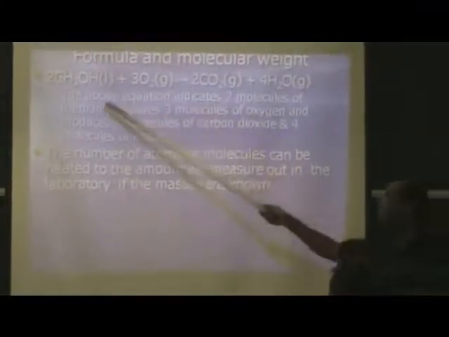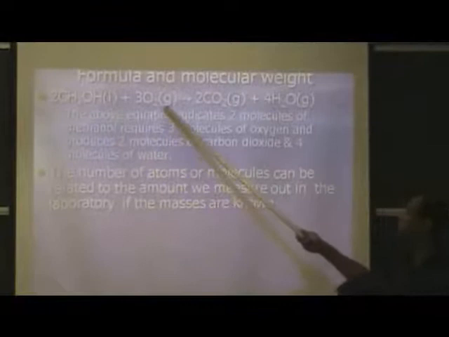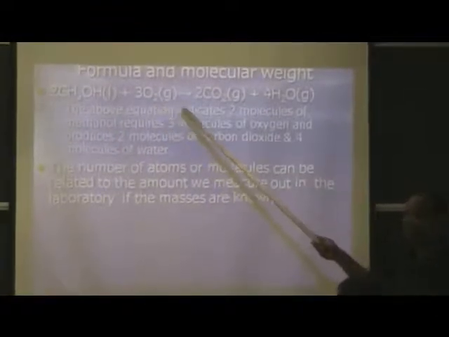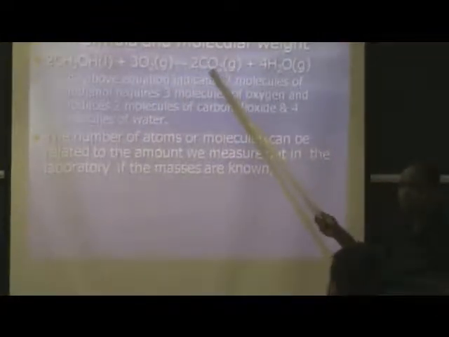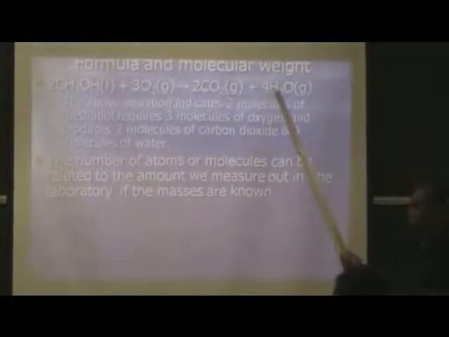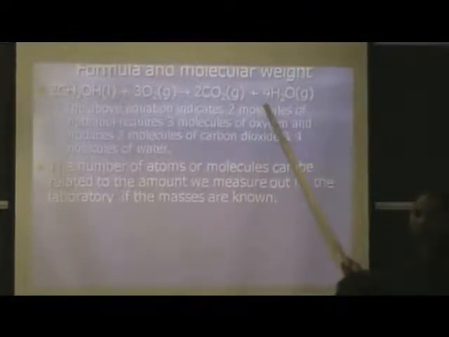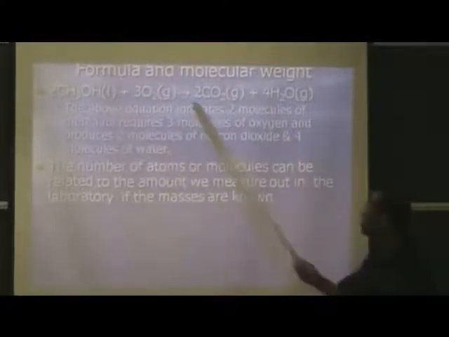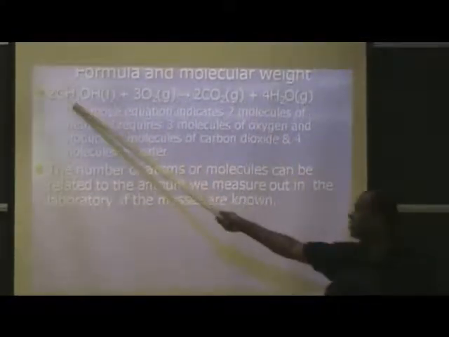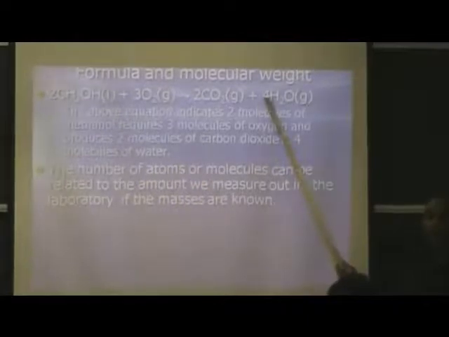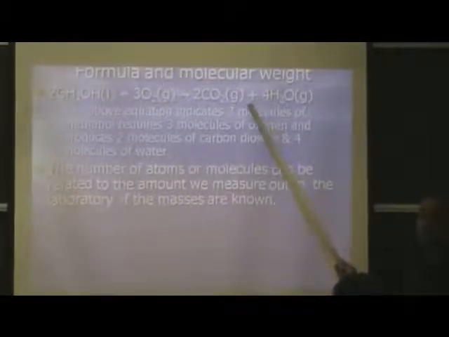So every two molecules of methanol react with three molecules of oxygen. That guarantees me two molecules of carbon dioxide and four molecules of water. That's the essence of balancing the equation. If this is reduced, this is going to be reduced. If this is going to be higher, this is going to be higher. That's why we need to balance the equation.